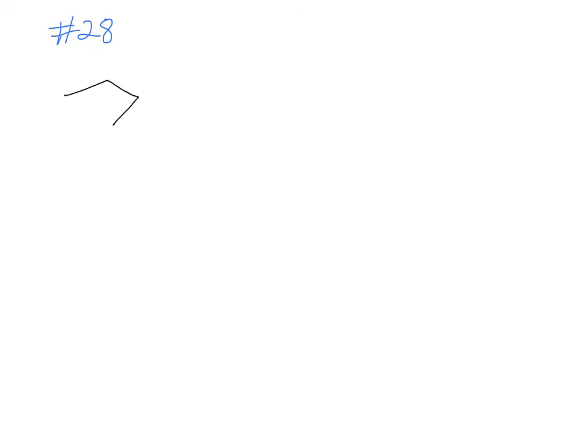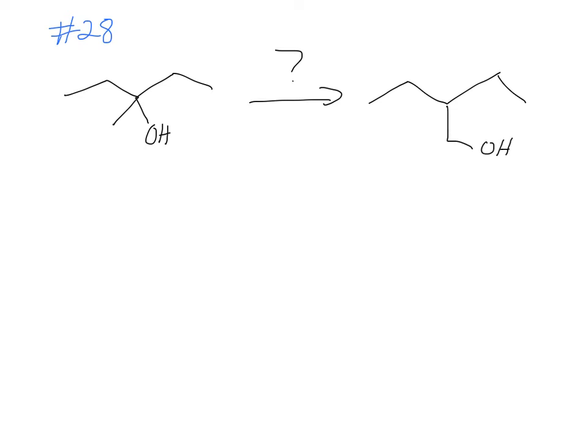We have this alcohol, and we want to turn it into this alcohol. So let's try to number our carbons: 1, 2, 3, 4, 5, 6. 1, 2, 3, 4, 5, 6.